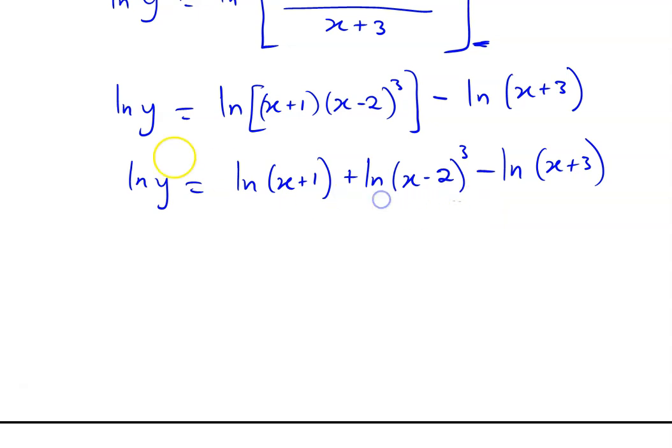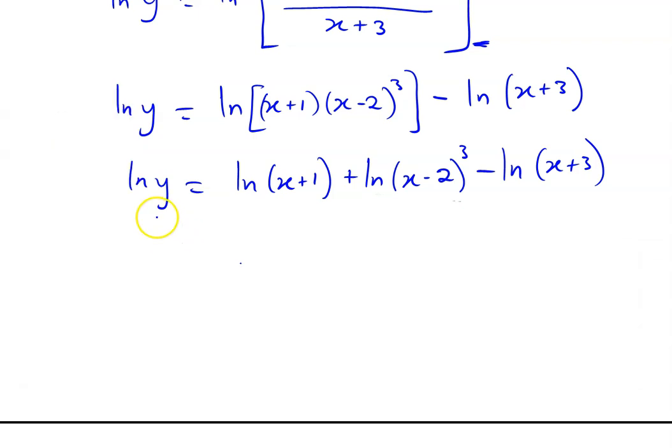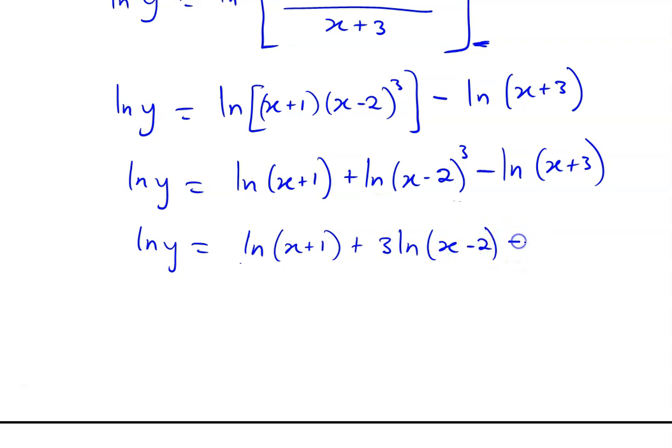Let's reduce it. And at the end, what do we get? Let me keep on using my blue. You have ln y equal to ln(x plus 1) plus 3 ln(x minus 2) minus ln(x plus 3). Very good.